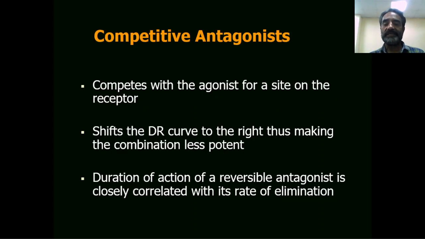Now for competitive antagonists, you know about competitive antagonism. A competitive antagonist competes with the agonist for a given site on the receptor, the binding site. So both are binding to the same site.